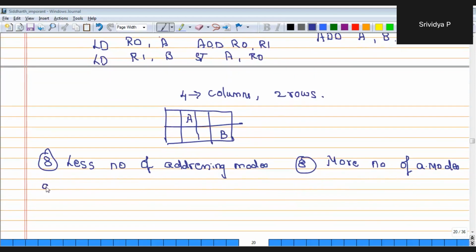Going on to the next difference. Designing a pipeline stage, or designing of pipelining, is easier or simpler in case of RISC architecture, whereas it is complex in case of CISC architecture.